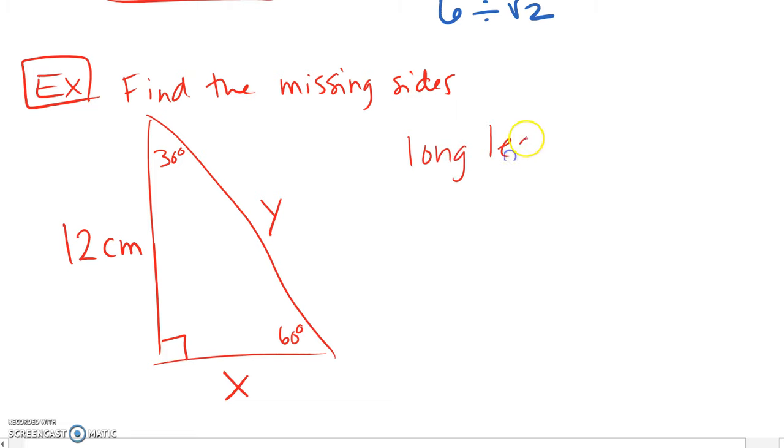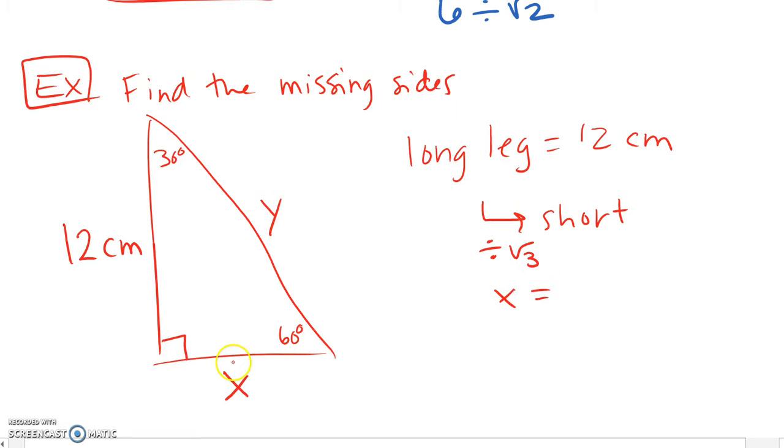You do have to recognize that it's the long leg that you have. So as I told you, always start by finding the short leg. To get to the short leg from the long leg, you would divide by root 3. So x is the short leg, 12 divided by the square root of 3, which is 4 root 3 centimeters.